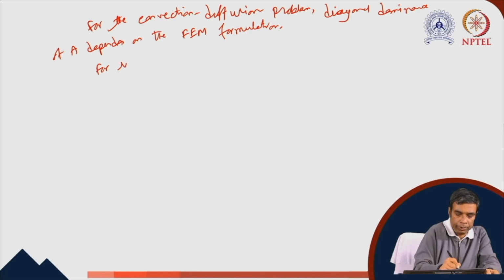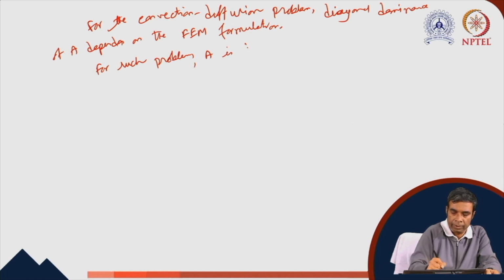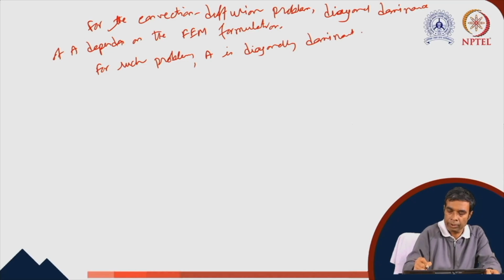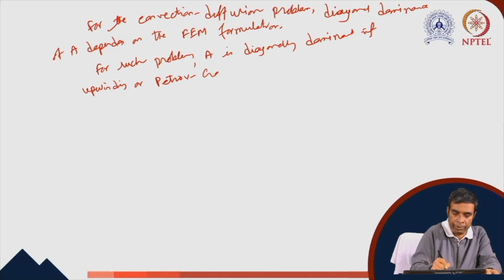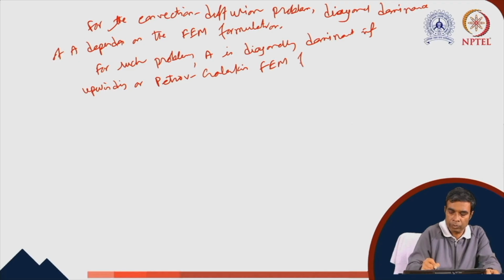For such problems, A is diagonally dominant if upwinding or Petrov-Galerkin FEM formulation is used.